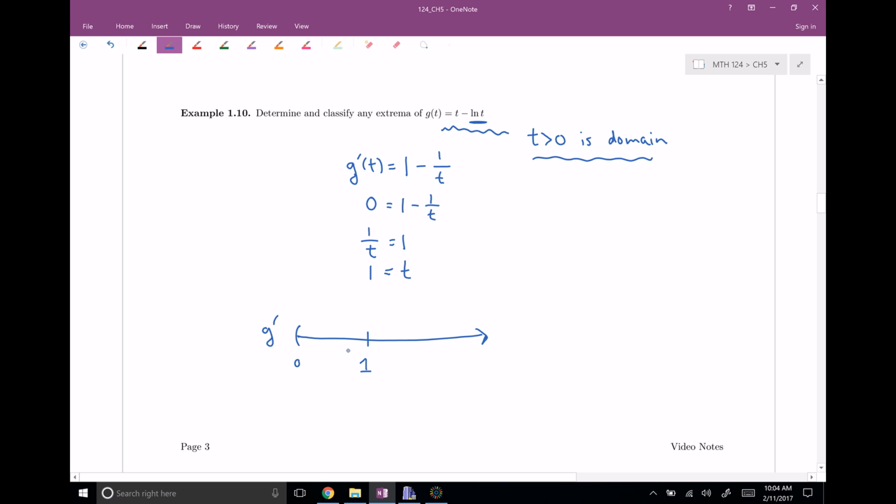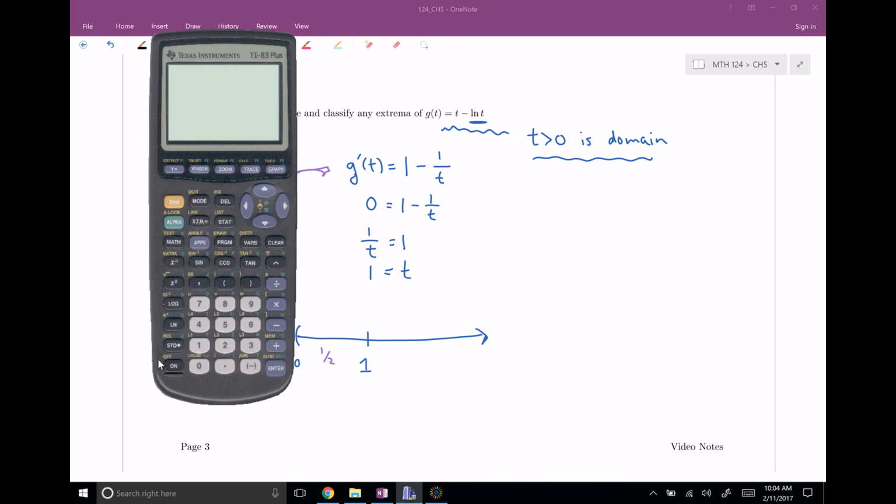So I'm going to choose a test point in here. I'll use purple again. I'm going to do something like 1/2. I can't go all the way to 0 because it's not in the domain. I'd be dividing by 0. That'd be a problem. So I'm going to do 1/2 in this case. And so when I plug 1/2 into the derivative, let's go ahead and pull out our calculator here. It's a little bit of a pain. We have calculators.